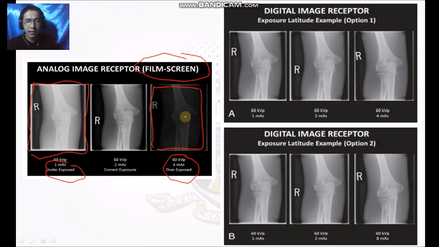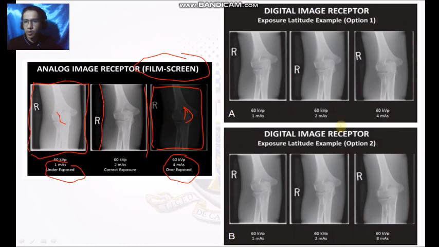There is very little information that can be seen. The anatomic area of interest is not well demonstrated because it is very dark or very light. That's why an adequate amount of contrast and density is necessary for the radiologist to arrive at diagnostic information.